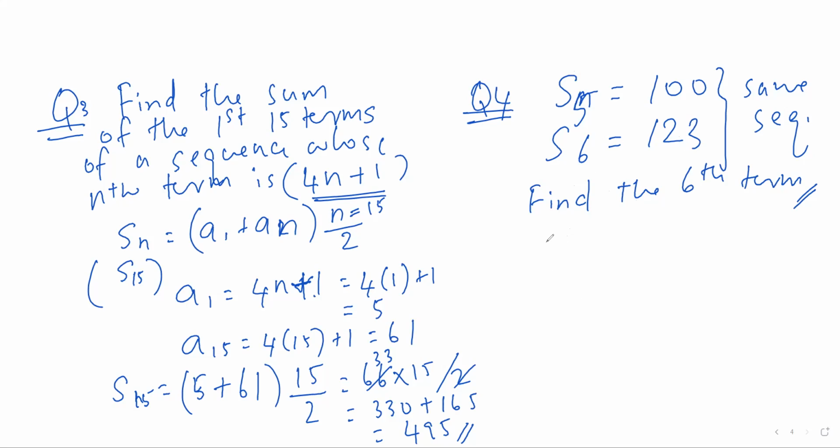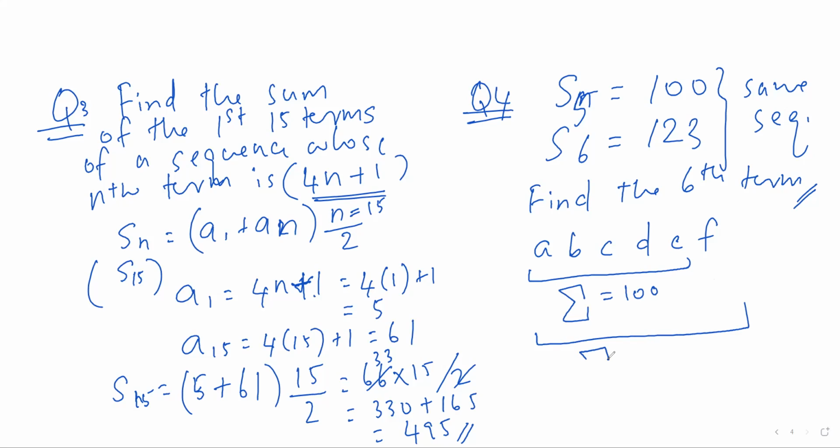Now if you look at these 6 numbers that they're talking about, if you take them as A, B, C, D, E, F, it means that these 5, the sum is 100, and these 6, the sum is 123.